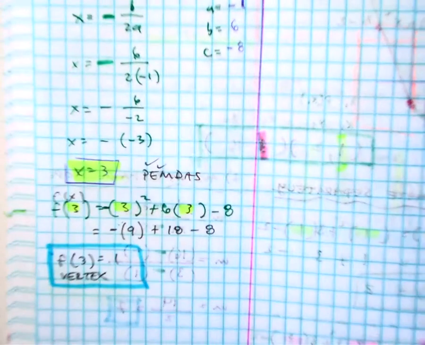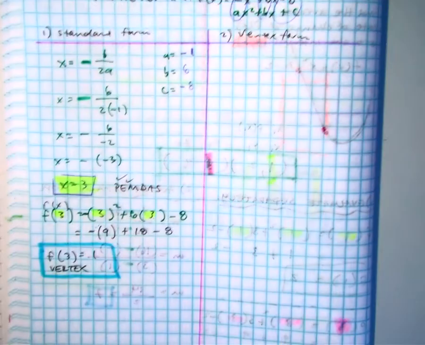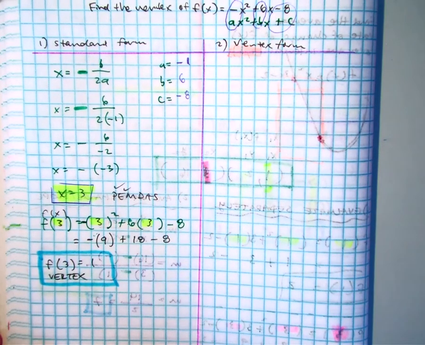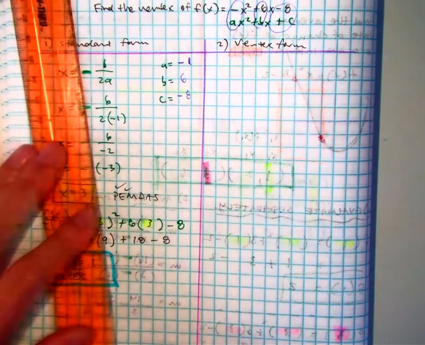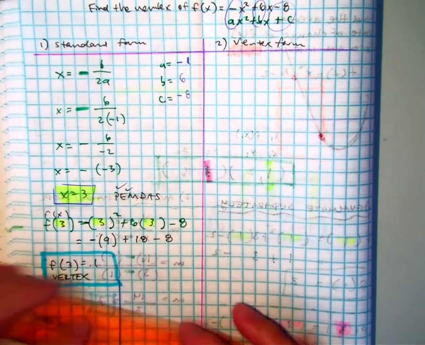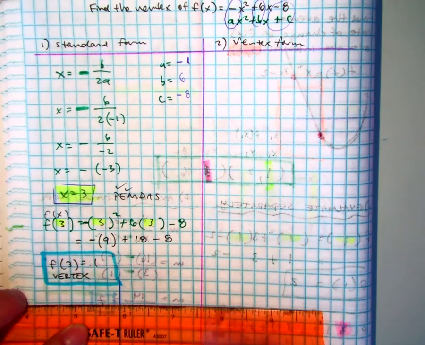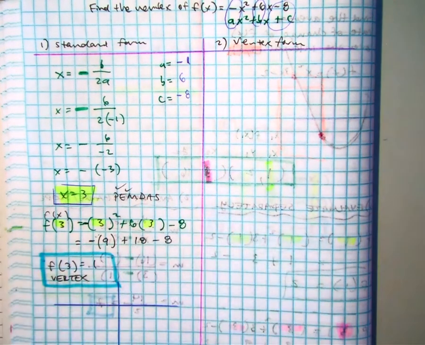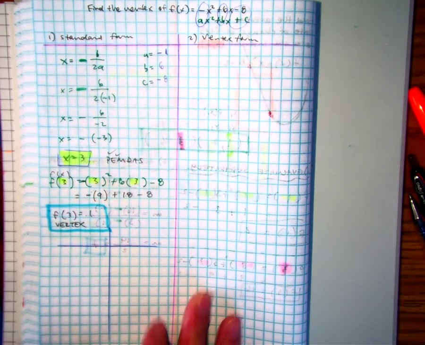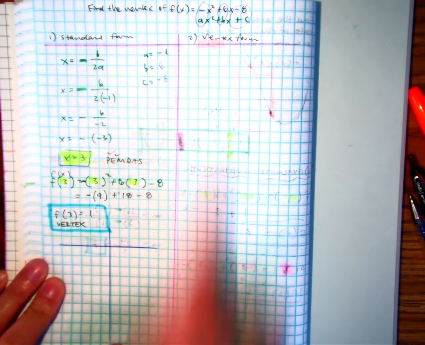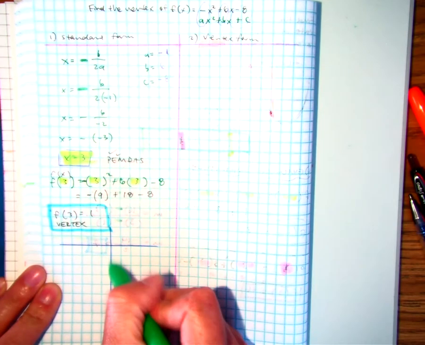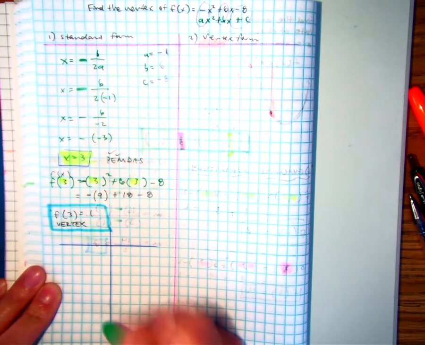Let's give ourselves a visual of what's happening here. Just a really quick graph. Zoom out. See this? Let's use all of our puzzle pieces. In standard form, I have a c value that's negative 8. 2, 4, 6, 8.